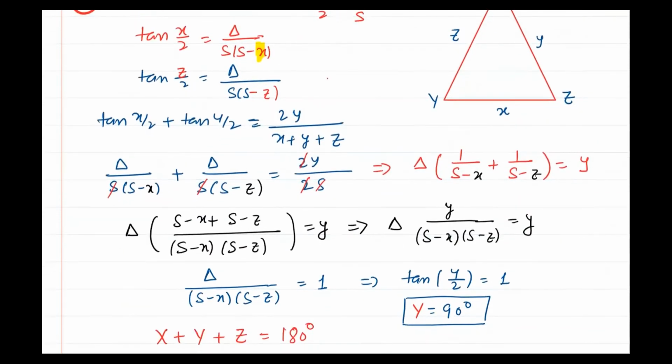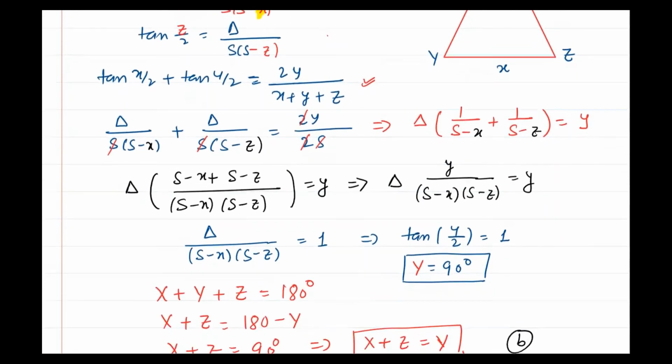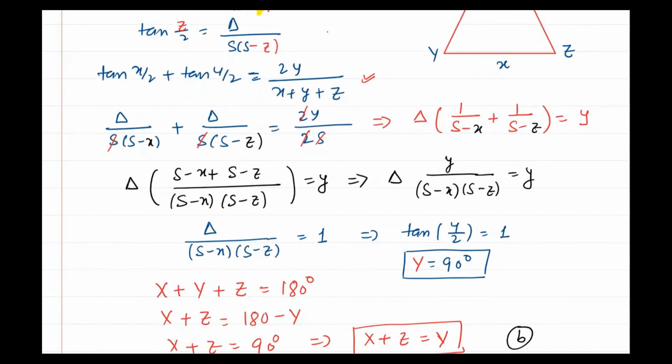So tan x by 2 plus tan z by 2 is given, so now we have to substitute this value and get the formula here, and here we get this result, and in this result we know that tan y by 2 equals 1, so y equals 90 degrees.